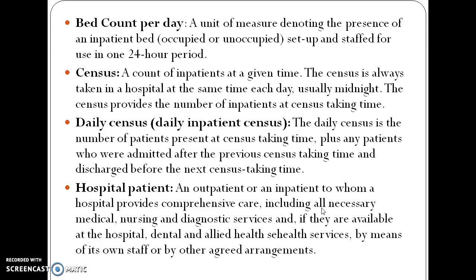For example, if you have taken the census at 12 midnight, then until tomorrow 12 midnight, between that time you count how many patients were admitted and how many were discharged. That is known as the daily inpatient census. All of together, these are the inpatients that we are taking into the scenario.